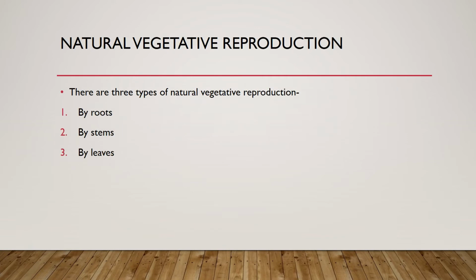Now natural reproduction: with the name we can understand, it is a natural process of reproduction of the plant. There are three types of natural vegetative reproduction: first by roots, second by stems, third by leaves.